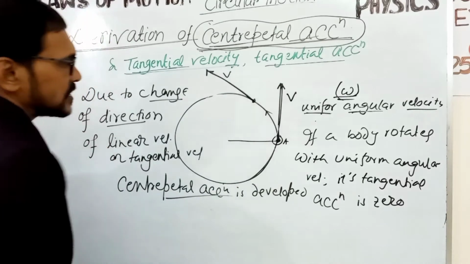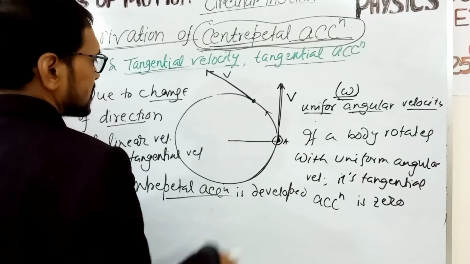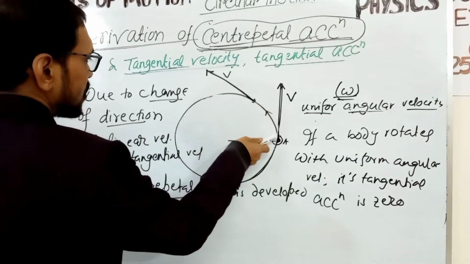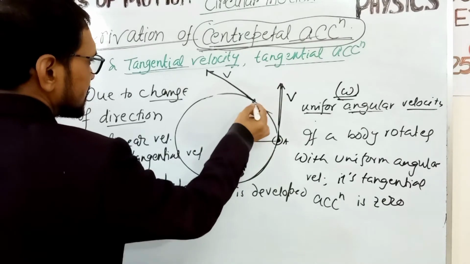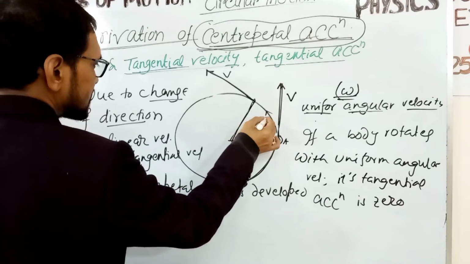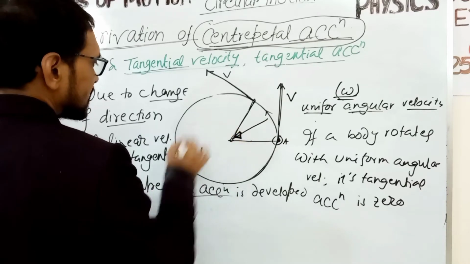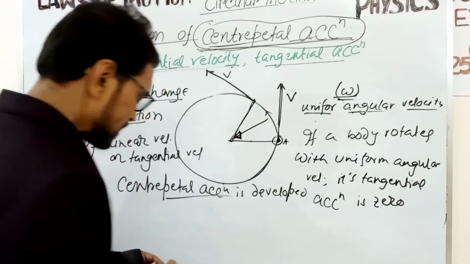So when a body rotates with uniform angular velocity, then due to the change of direction of tangential velocity, an acceleration acts towards the center of the circle. This acceleration is called centripetal acceleration.